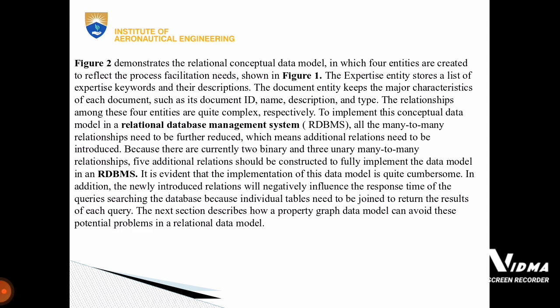The implementation of this data model is quite cumbersome. In addition, the newly introduced relations will negatively influence the response time of searching the database, because individual tables need to be joined to return the result of each query. The next section describes how a property graph data model can address these potential problems in a relational data model.